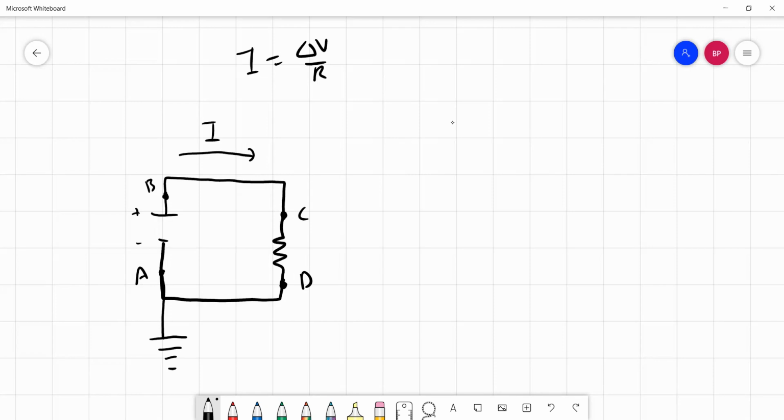Okay, so at some point, the current makes it to the battery. So it goes from point A to point B. If we have some amount of charge, delta Q, that passes through the battery in some amount of time, then the energy in the system has increased by that charge times the voltage across the battery. Okay, so this is the amount of energy that has been increased in our system here.